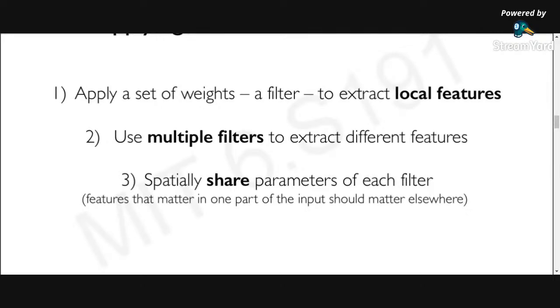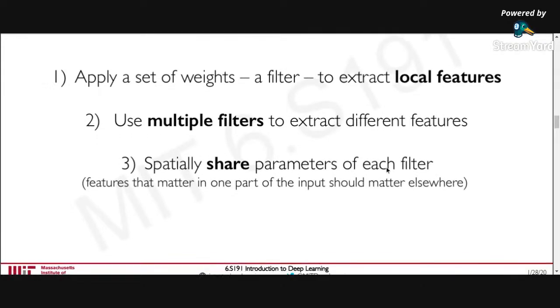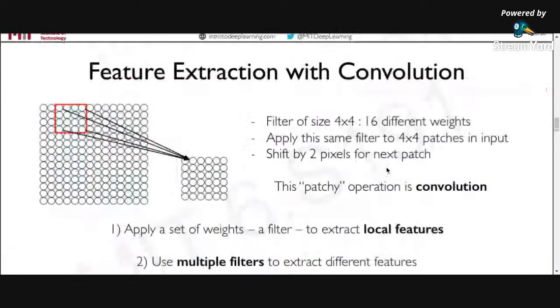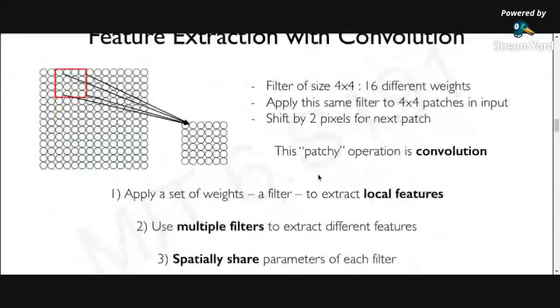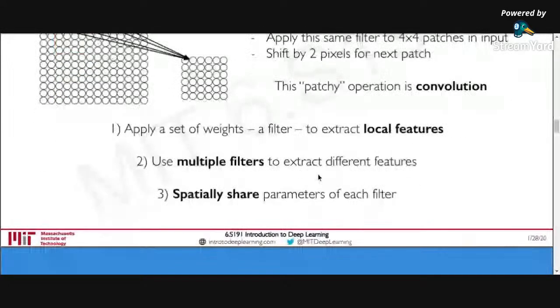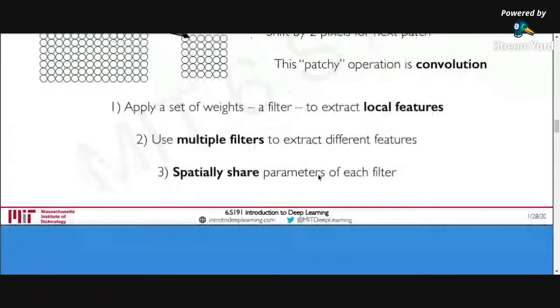In the beginning we are just doing multiplication and summation, and that's how we proceed in a convolution. We have a kernel of size 4 by 4 and we apply it in different places, and such an operation is called a convolution. We find the features, multiplying as we had seen in the video to get a particular number, and share the parameters across the convolution.